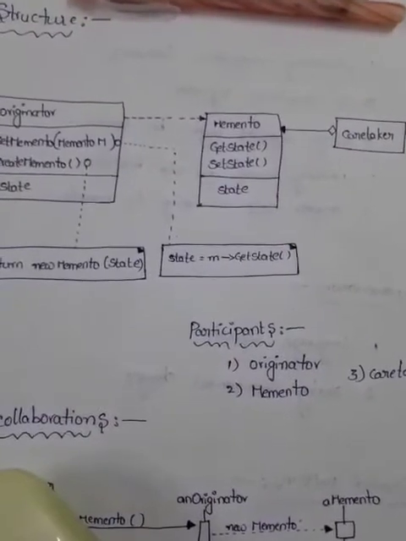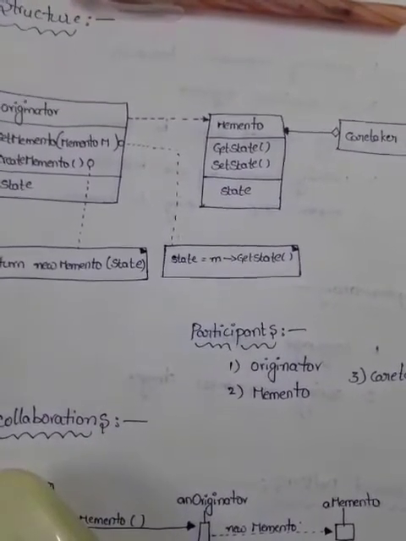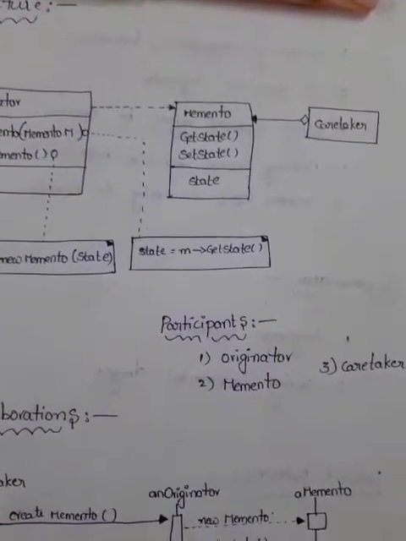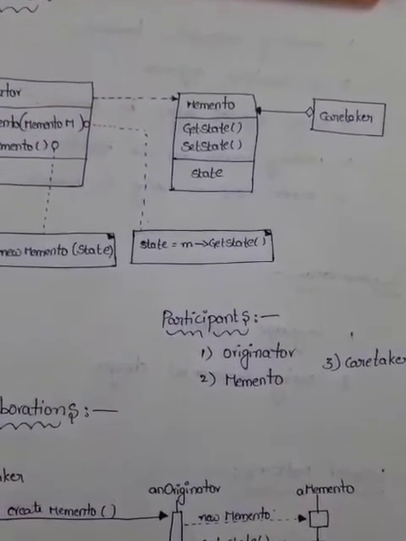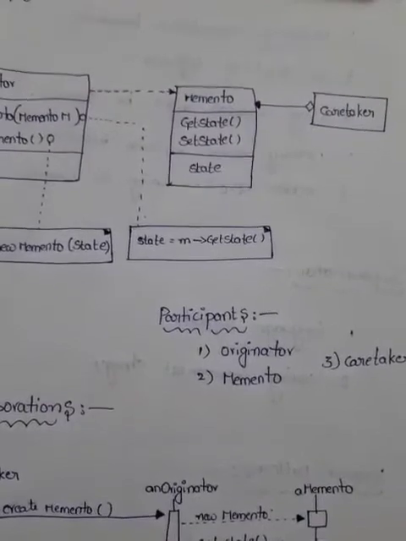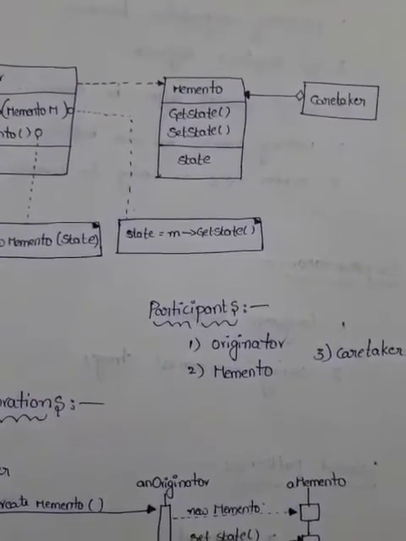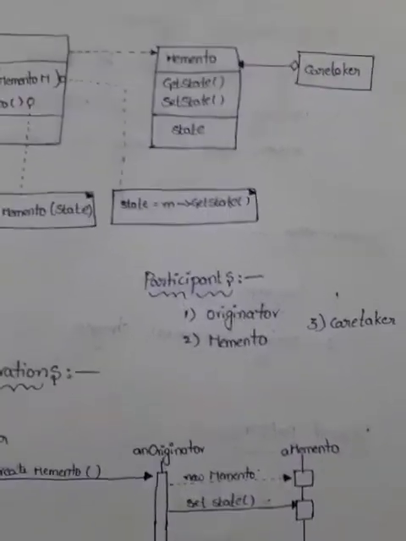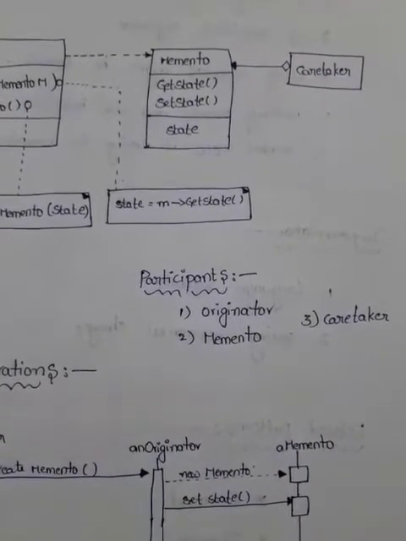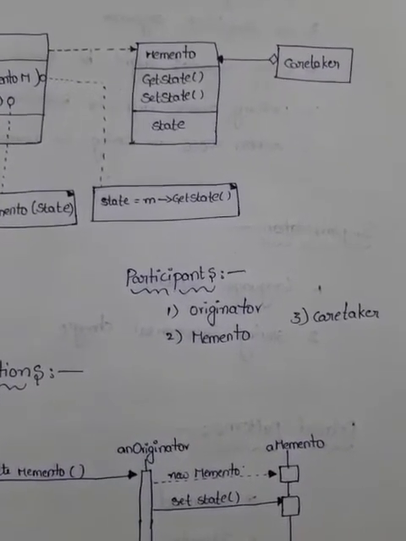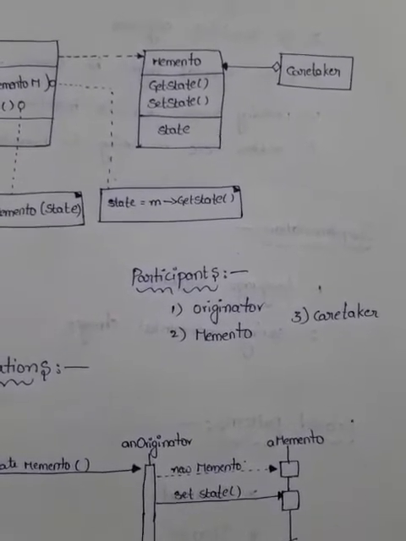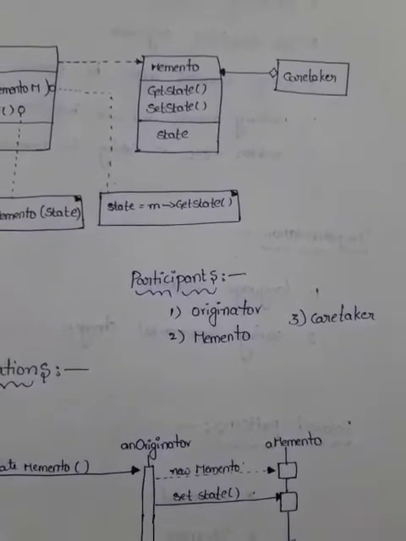In this memento, it stores the internal state of the originator object. The memento may store as much or as little of the originator's internal state as necessary, at its originator's discretion. Coming to the originator, it creates a memento containing a snapshot of its current internal state, and it uses the memento to restore its internal state.